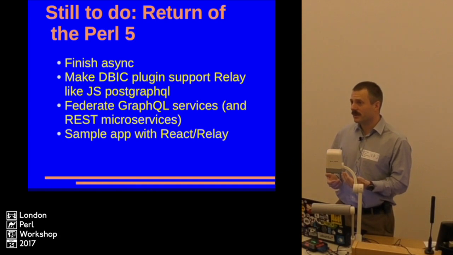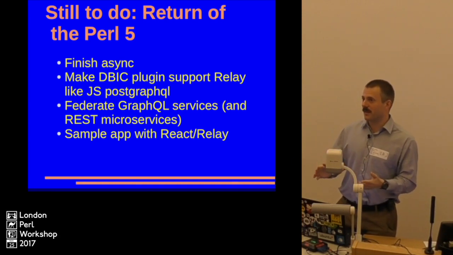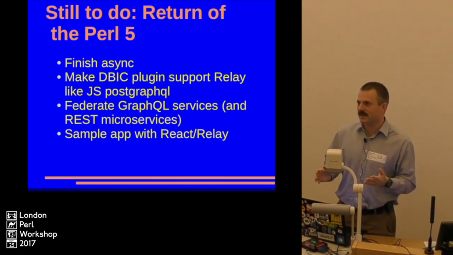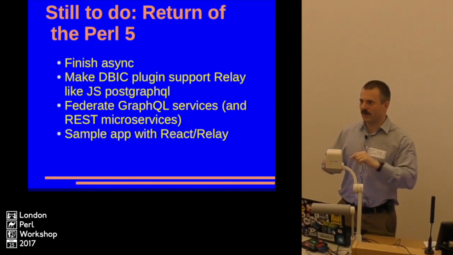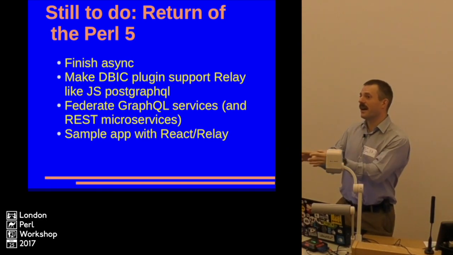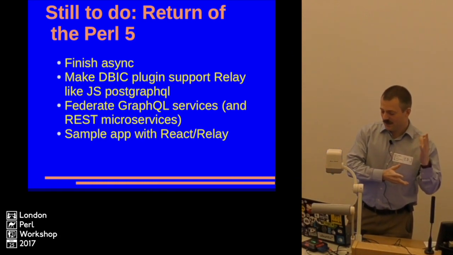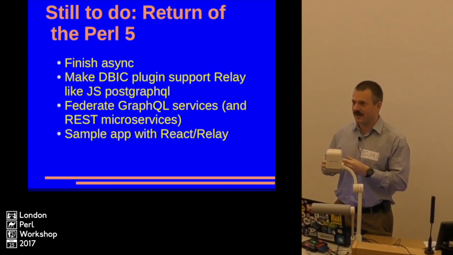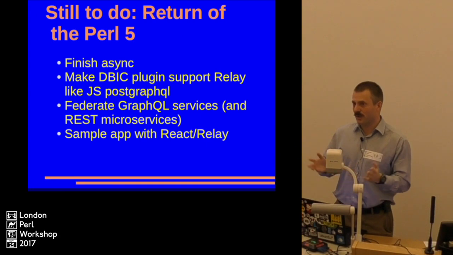So what that would let you do is just write a schema, you start from the schema, in PostgreSQL land they call that schema first development, which just describes all the types and all the things that you want to do to them, all the queries, all the mutations. And then you give that there, and it could generate a DBIC class schema, and then as we know with SQL Translator, can generate an actual database for you, and it will just work.